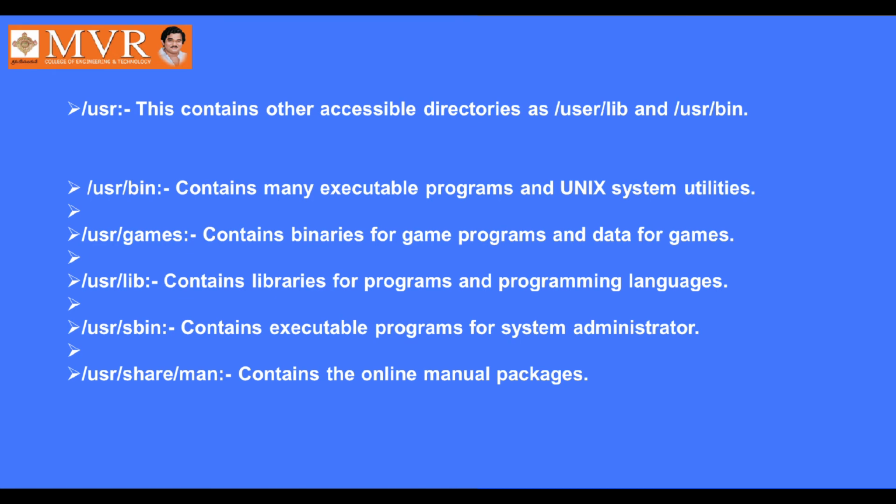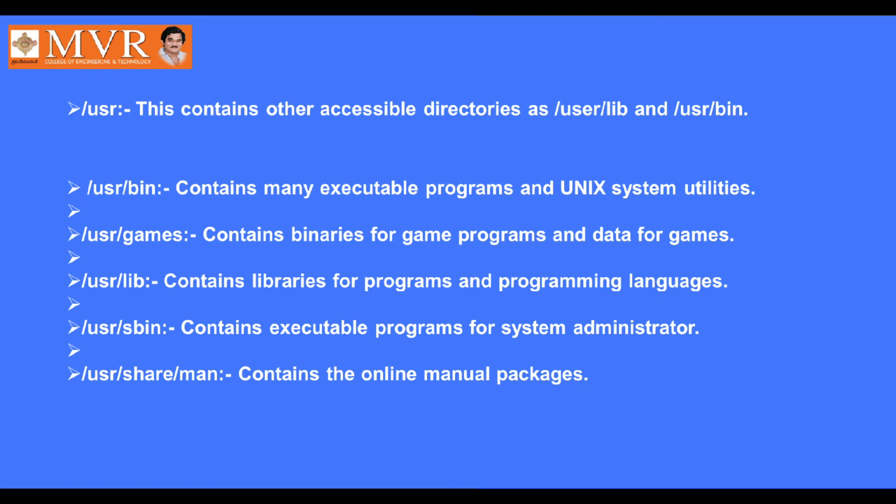Then comes the user directory. USR is nothing but user. So this contains other accessible directories such as user lib and user bin. As we have discussed already, we have seen the lib library directory, and similarly the bin directory. Bin stands for binary, so binary information about the system. The binary directory stores the executable files of the Unix commands. Here this is somewhat different.